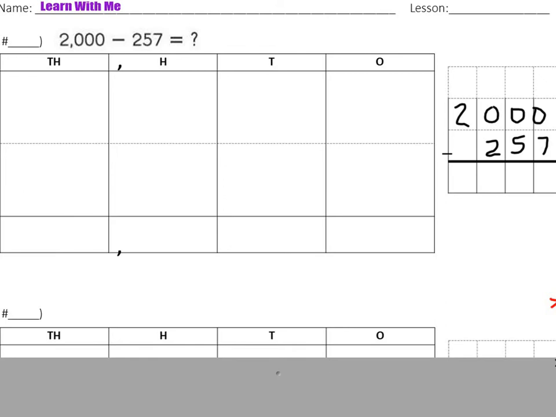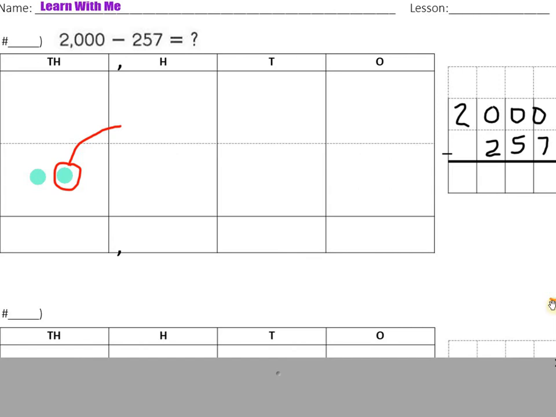And then I can build it using dots in the place value chart. So I need 2,000. And just like I did with the base 10 blocks, I'm going to regroup. I'm going to take 1 whole thousand, and I'm going to put it over here into the hundreds place.